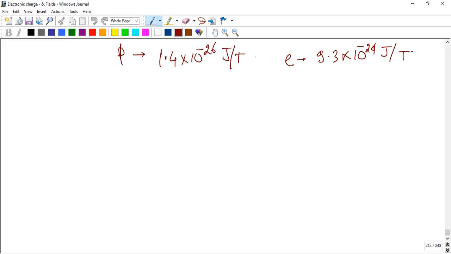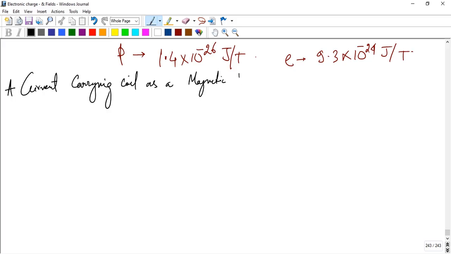So you know the concept of what a magnetic dipole and magnetic dipole moment are from the previous class. Here we discuss a current carrying coil as a magnetic dipole.